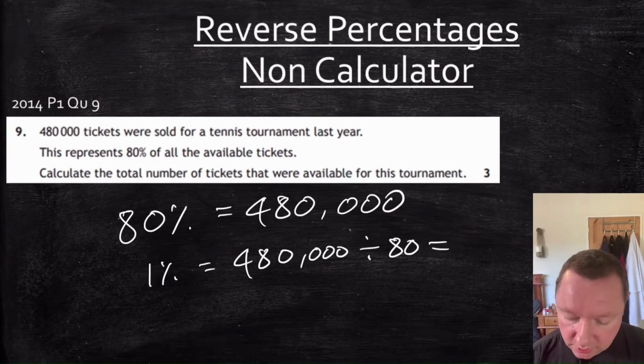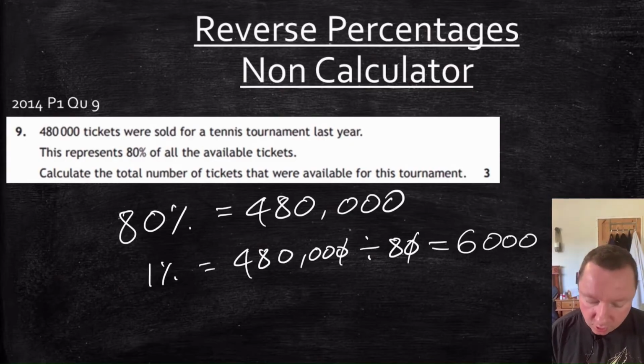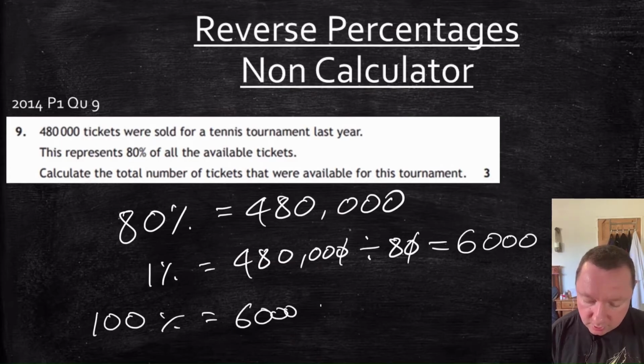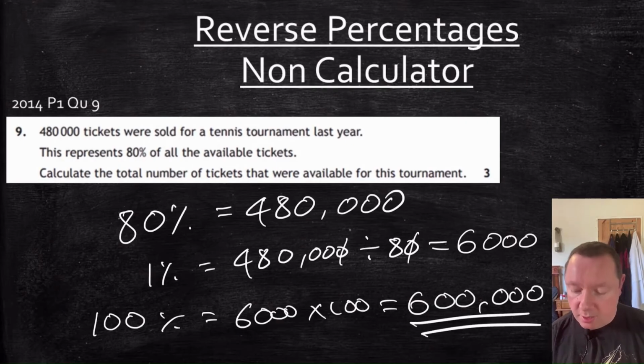So I can knock a 0 off straight away. 8 6s is 48. 1, 2, 3 zeros left over. So I've got 6,000 for 1%, and therefore 100%, just times them by 100. Making sure I get all my zeros in, 600,000. And there we are.